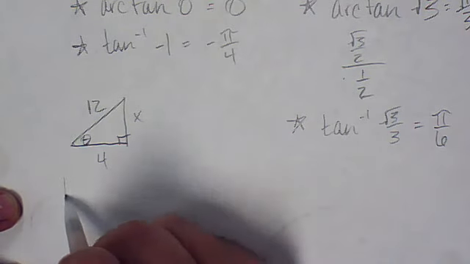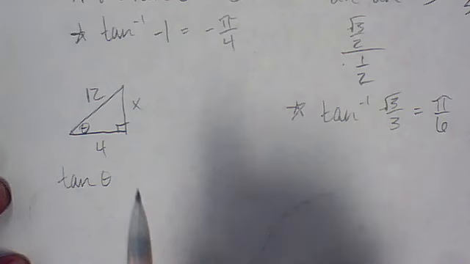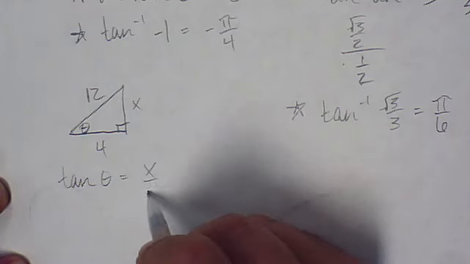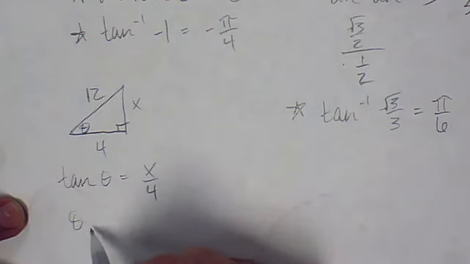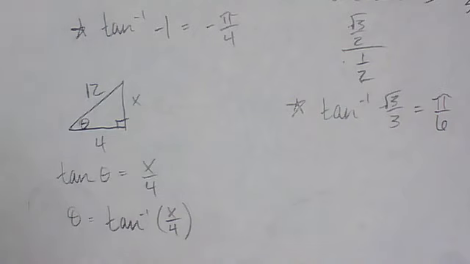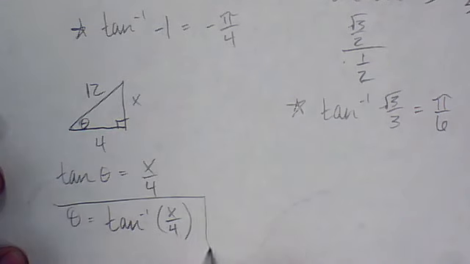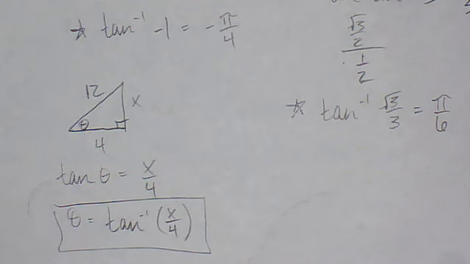So usually we would say that the tangent of theta is opposite over adjacent. Well, an inverse tangent function would look like this. So that's what they're looking for. You set the angle equal to inverse tangent.